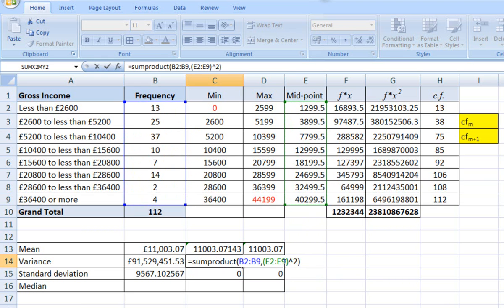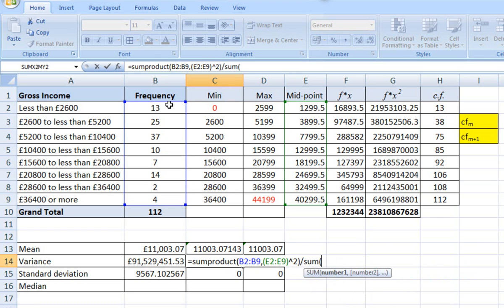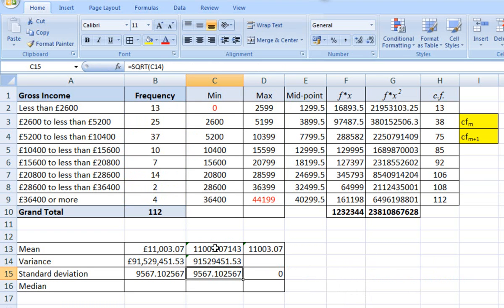So the sumproduct of the frequencies B2 to B9 and the midpoint squared, divided by the sum of the frequencies, minus the mean squared. So that should find us the same result.